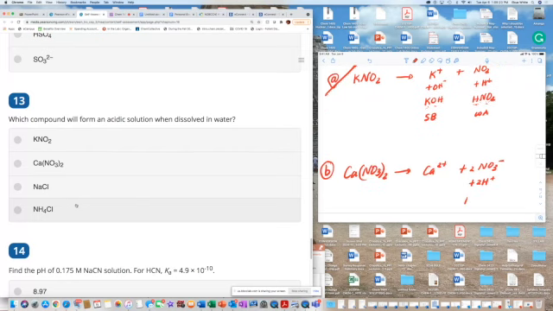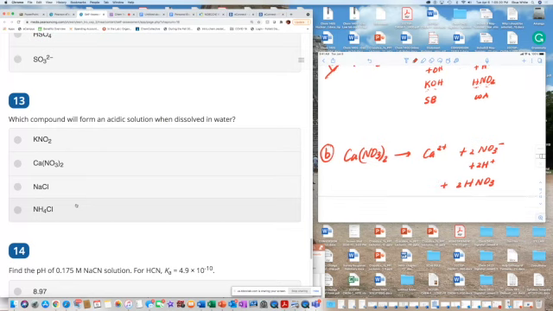And I end up with HNO3 2 times. And then calcium, since I have 2 positive, I have to add 2 hydroxides, right? Because I have to end up with a neutral compound. So I end up with calcium hydroxide.